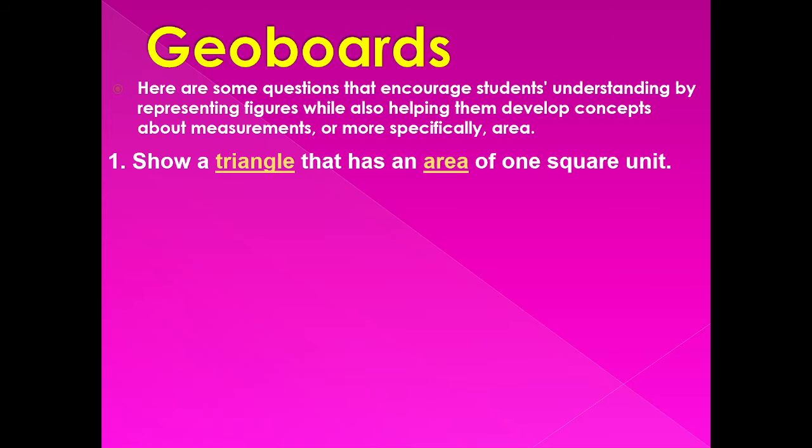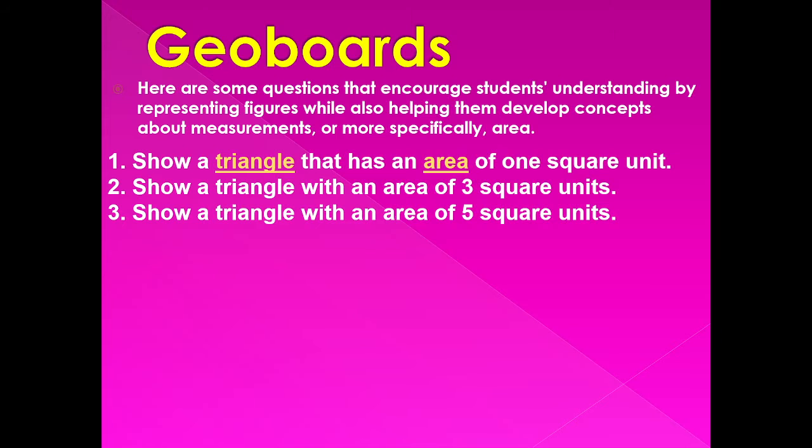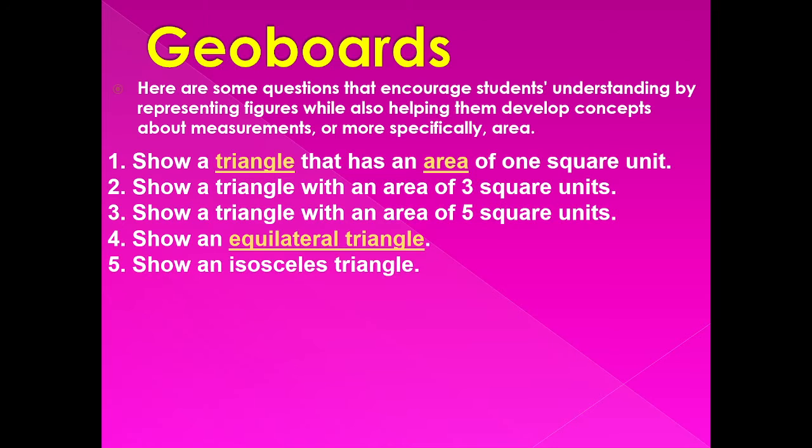Show a triangle that has an area of 1 square unit. Show a triangle with an area of 3 square units. Show a triangle with an area of 5 square units. Show an equilateral triangle. These are some things magamit nato sa geoboard. Show an isosceles triangle.